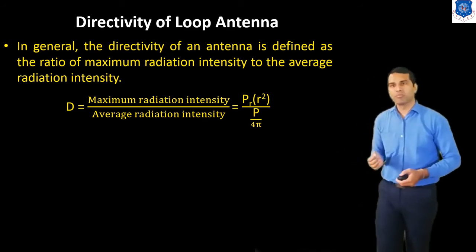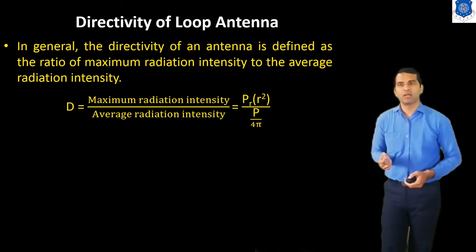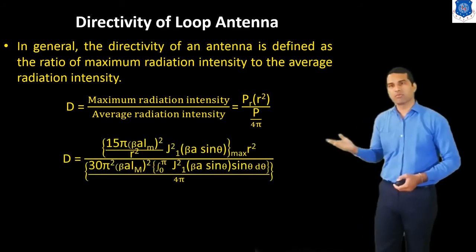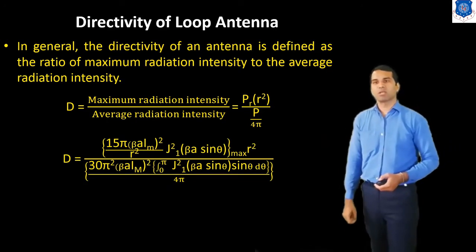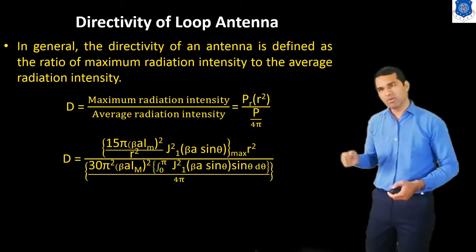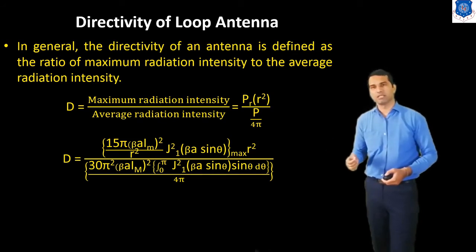So we have the P R into R square, and the average radiation intensity, we know, is the ratio of P upon 4 pi. So we have the equation for the P R, that means the radiated power. So it's nothing but 15 pi beta a Im square into r square J1 square (beta a sin theta) for the maximum, that means the maximum radiation intensity.